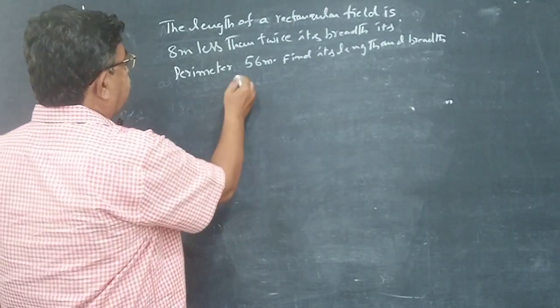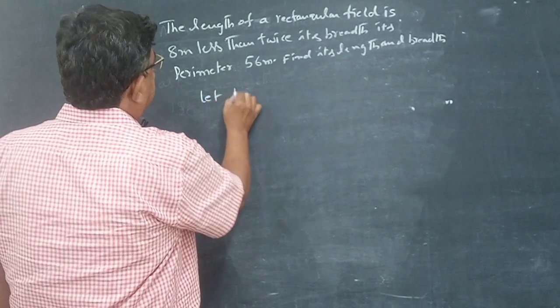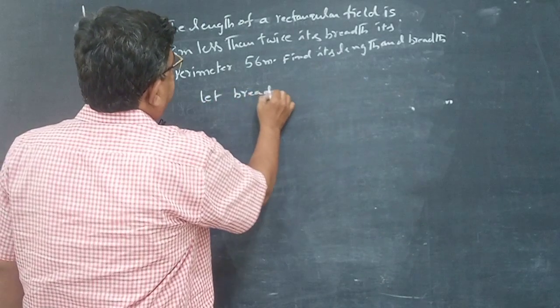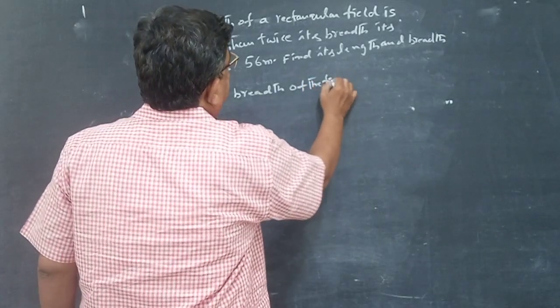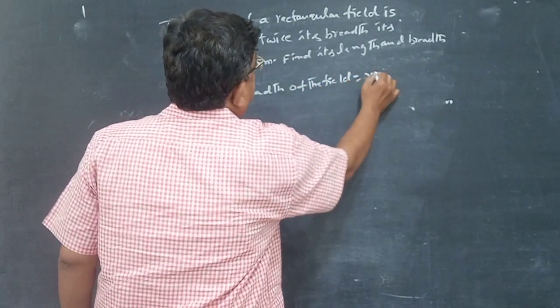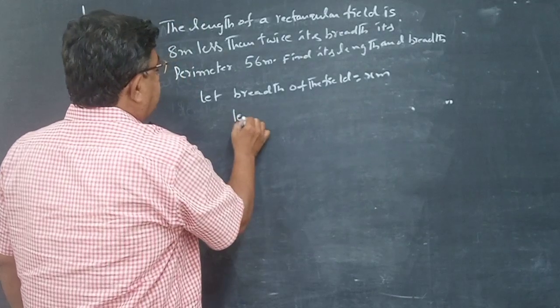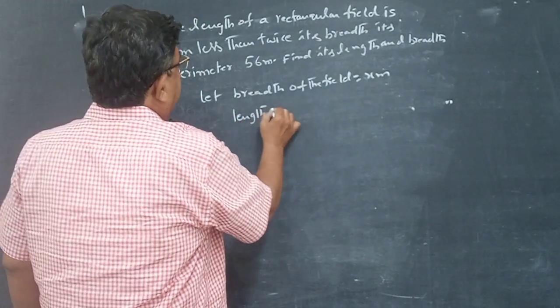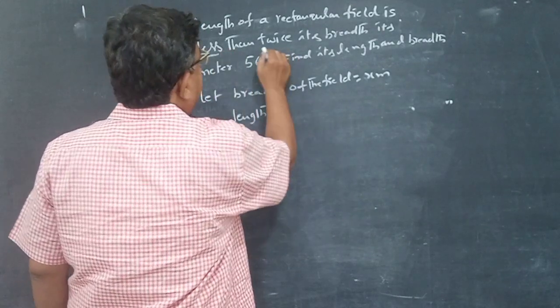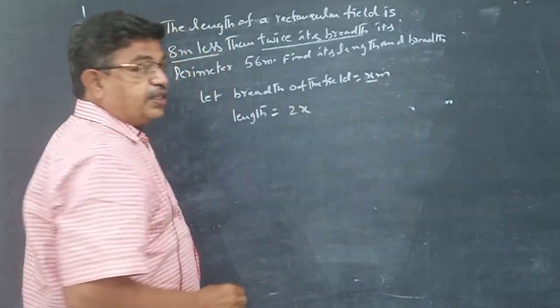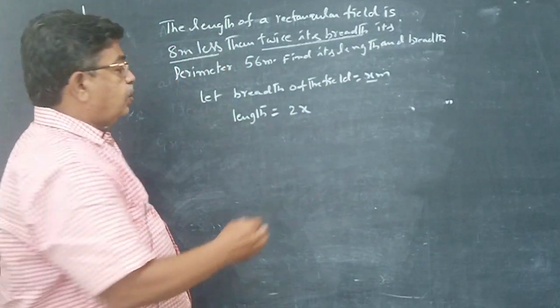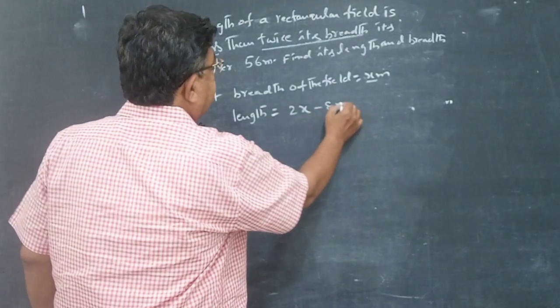So we start with breadth. Let the breadth of the field equal x meters, length equal to, it is 8 meters less than twice its breadth. So what is the breadth? x, twice of x is 2x, 2x minus 8 meters.